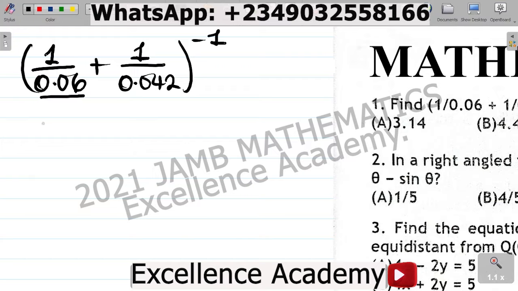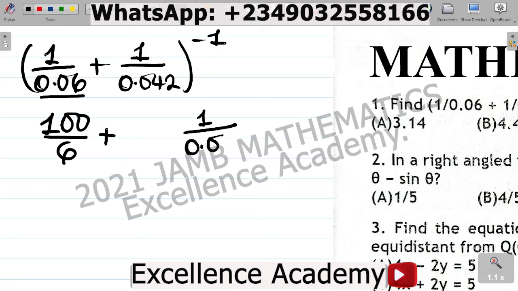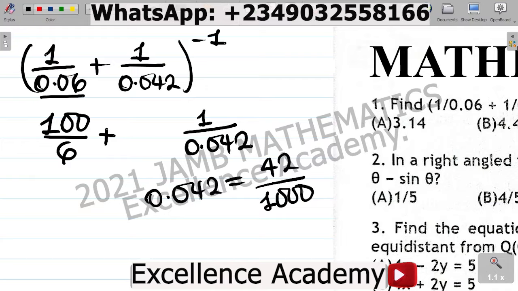So this one here gives you 100 all over 6, plus, so I'm bringing down the plus. Next up, you have 1 all over 0.042. Again, note that 0.042 is the same thing as 42 all over 1000. So 1 over 0.042 is simply 1 all over 42 over 1000.